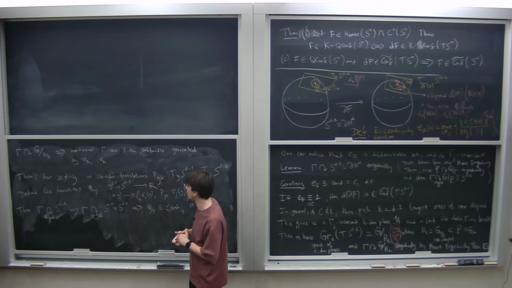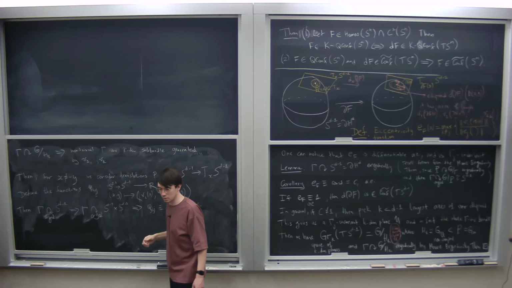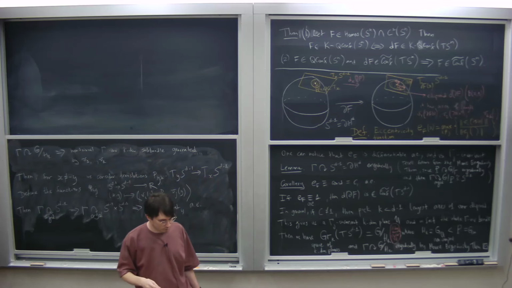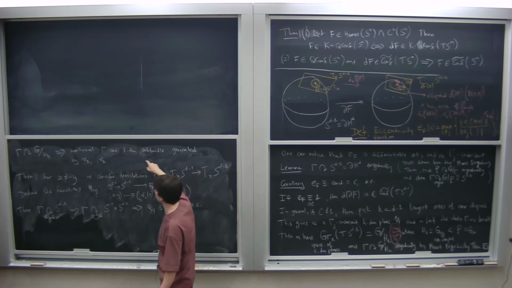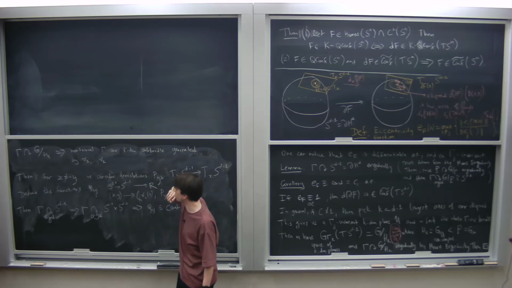So what does ergodicity mean, right? Ergodicity means that if I have a non-trivial gamma invariant set, it should be either of full measure or of 0 measure.